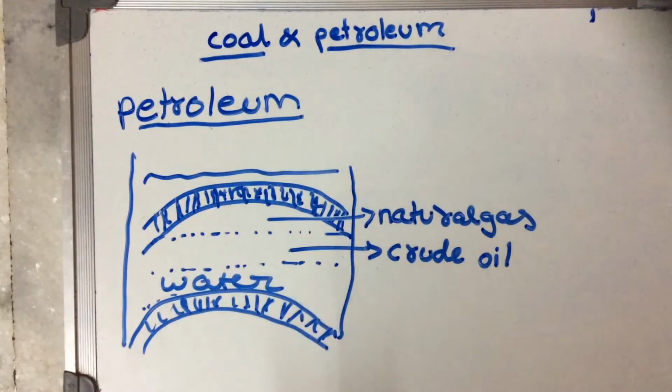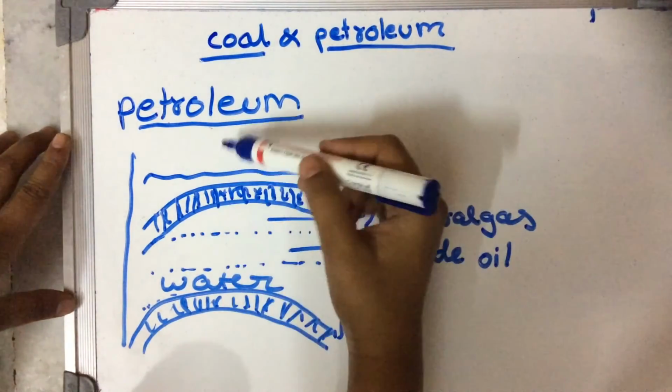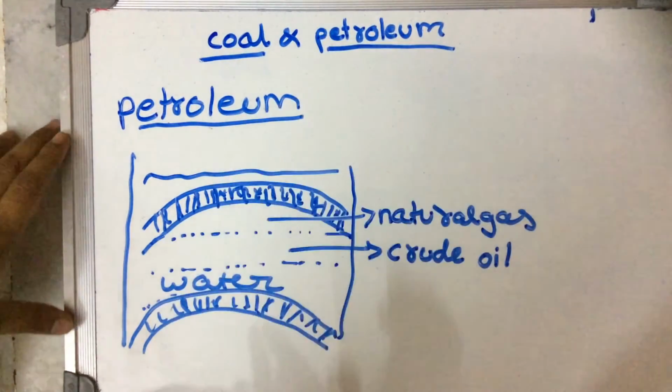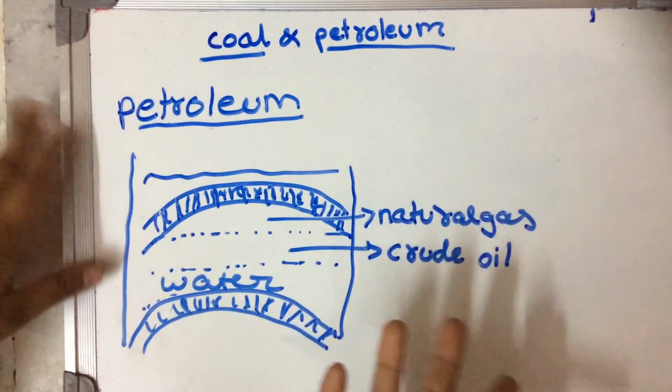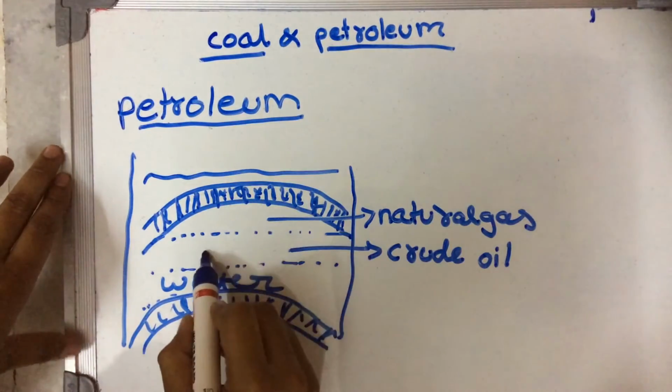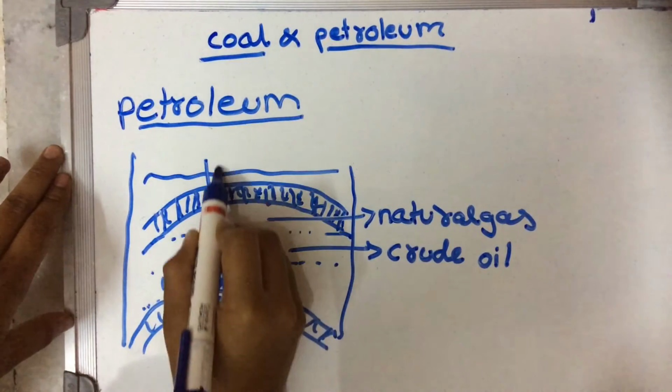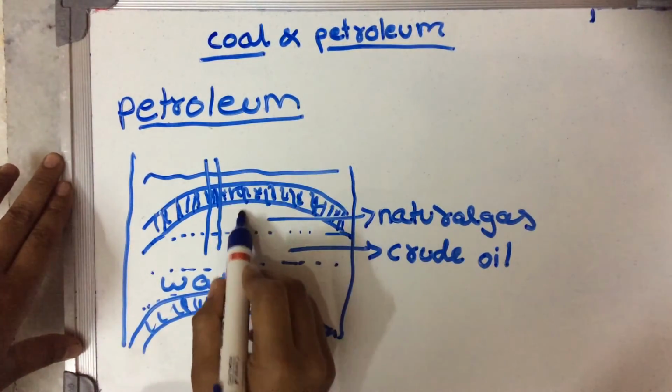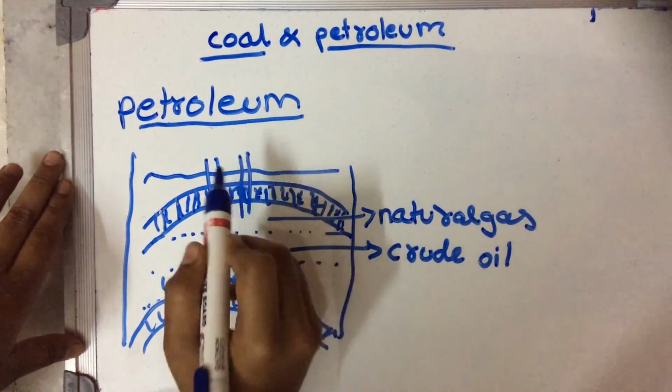But if you take cement and form a bucket kind of shape, the water will not pass. This happens naturally. In an oil well, there will be two different wells, one for the crude oil and the other for the natural gas.